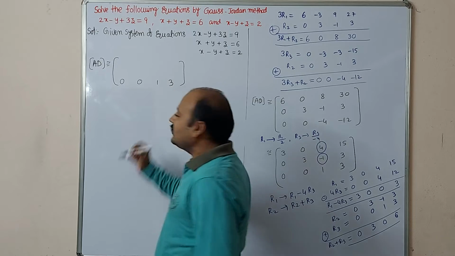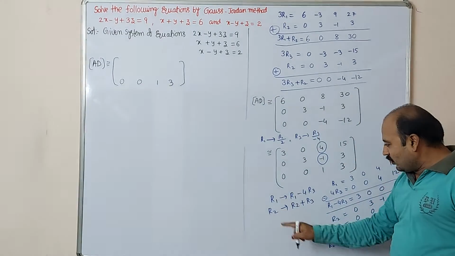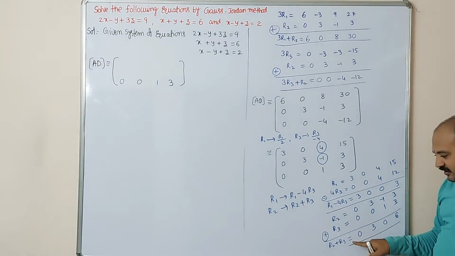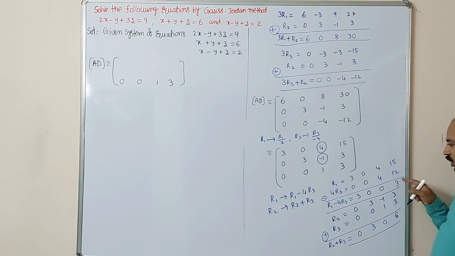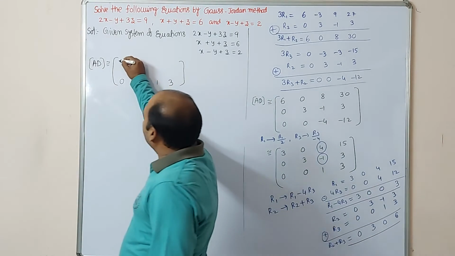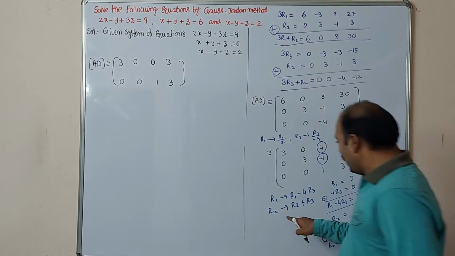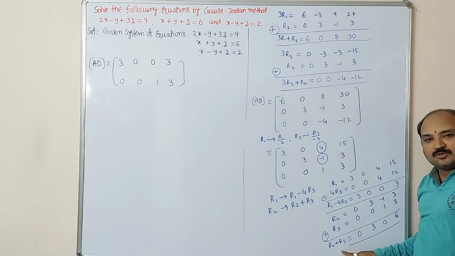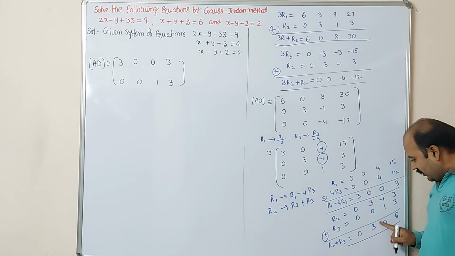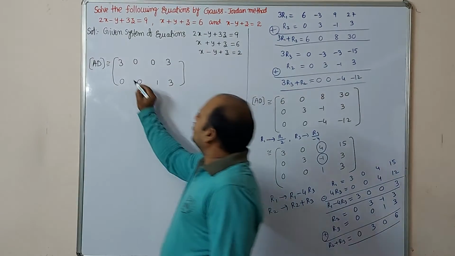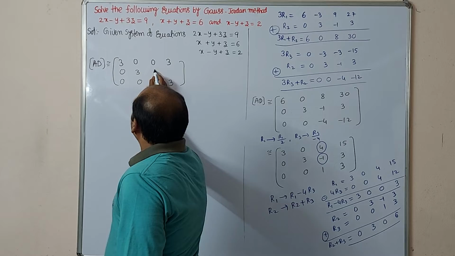As it is we are writing the R3, R1, R2 values. This is the R1 value, this is the R2 value: 3, 0, 0, 3. Next, R2 tends to R2 plus R3. The R2 plus R3 value is this one: 0, 3, 0, 6.